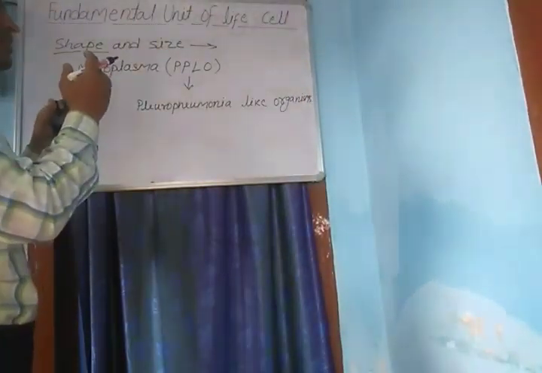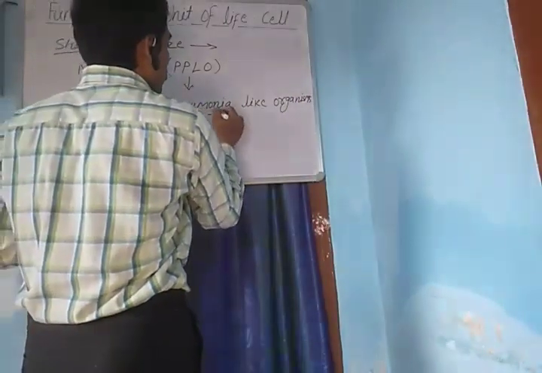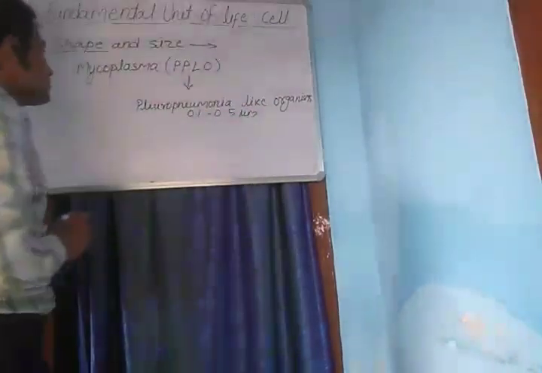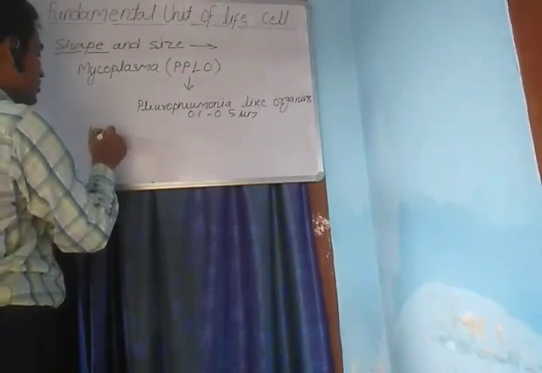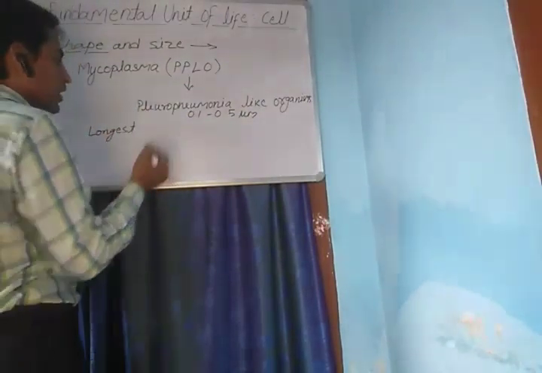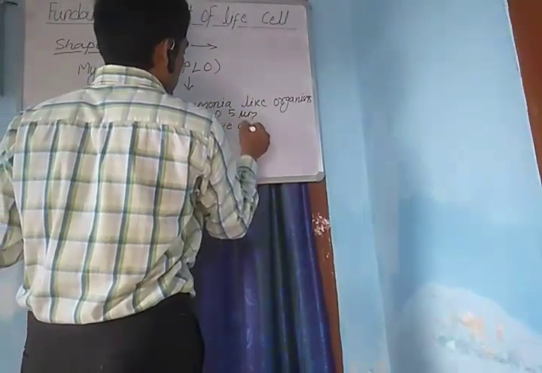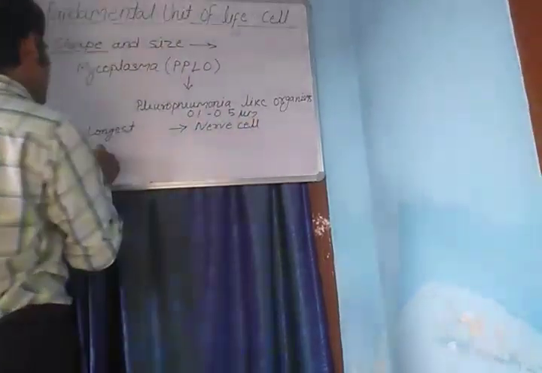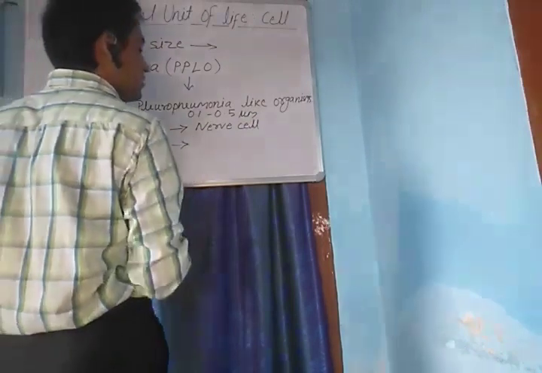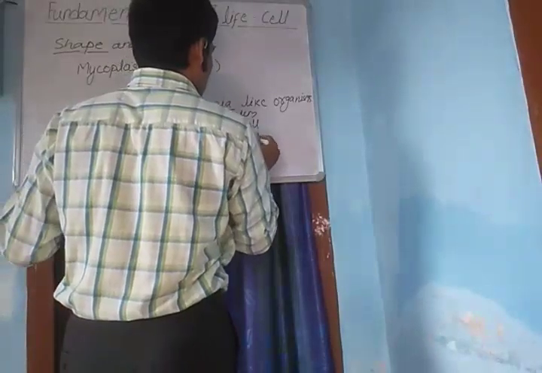It has the smallest cell, as we have discussed, 0.1 to 0.5 micron. The longest cell present in the human body is the nerve cell. The largest is the ostrich egg.